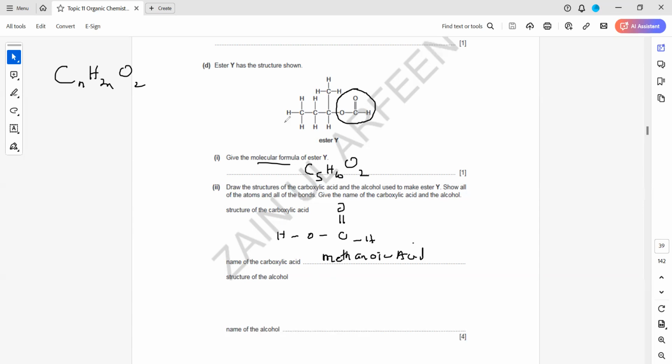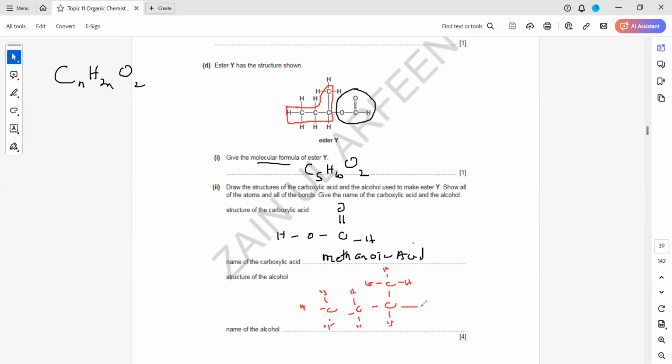And which alcohol is this? When you remove this whole structure out, this part is from the alcohol. Because the part where oxygen is attached is actually showing the link where the carboxylic acid and alcohol react. So this structure, if I draw, I'll have H, C, H, and then CH3.